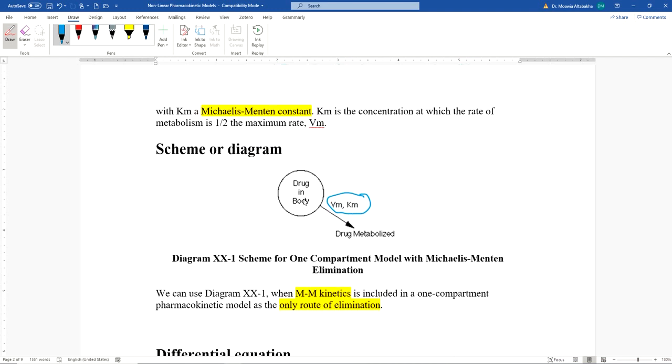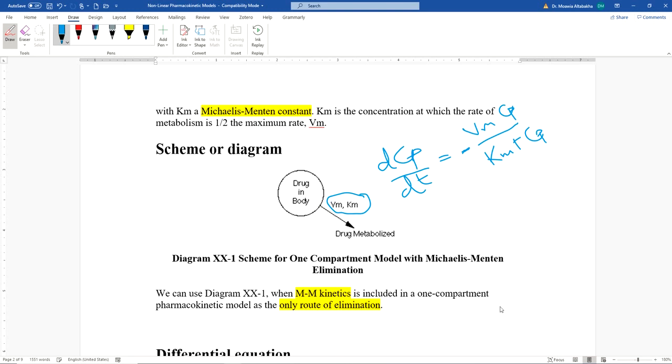Now, the change in concentration, dCp divided by dt. The first thing is that we need to add a negative sign. How will the change in concentration be? It will be equal to Vm times Cp divided by Km plus Cp.